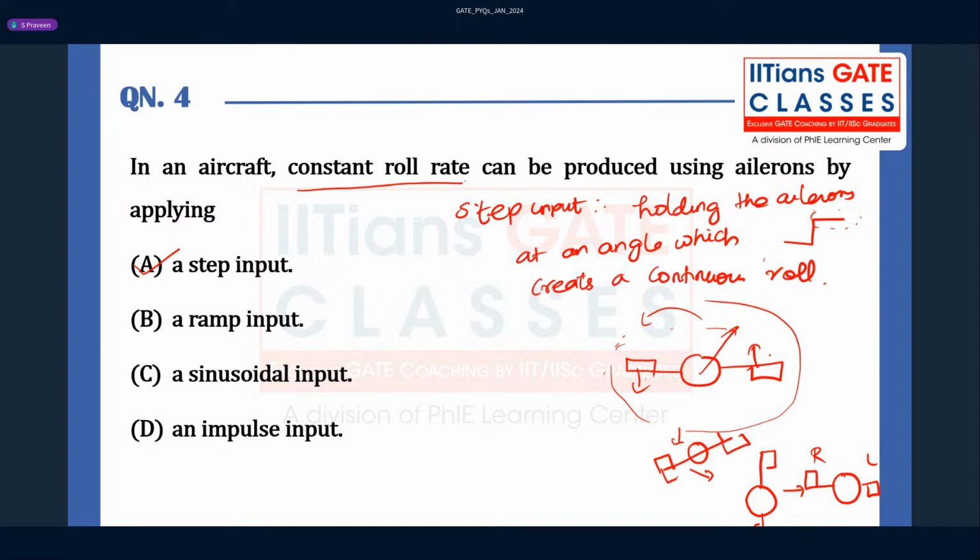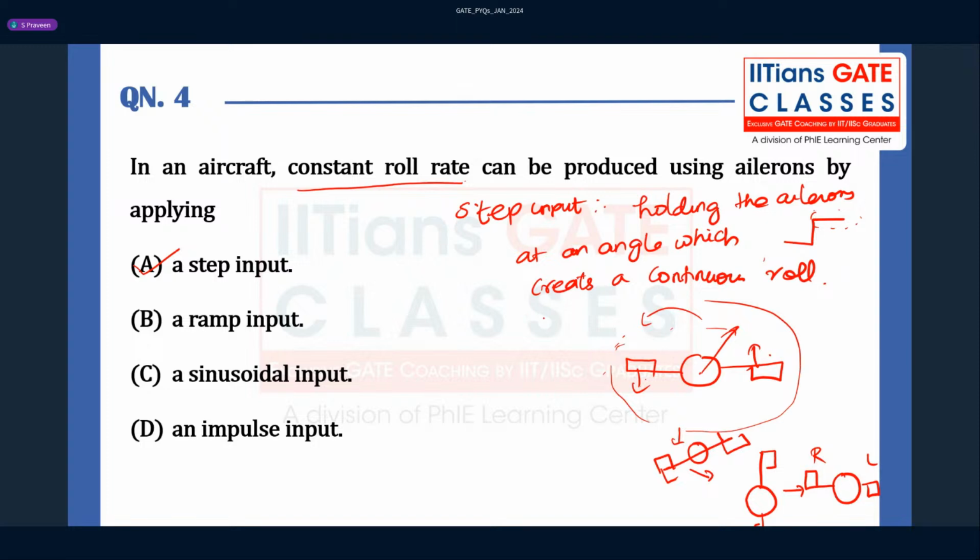So this rolling is constant and it happens like that, right? If you want a constant roll rate, you need a step input, whereas if you want a variable roll rate, that is constant roll acceleration, in that case you can have a ramp input or an impulse input or sinusoidal input. So for a constant roll rate, you need a step, fixing the angle such that your rotation is continuous.